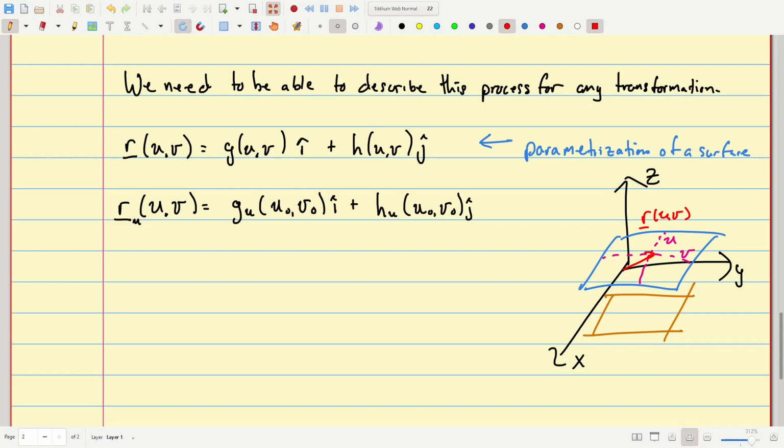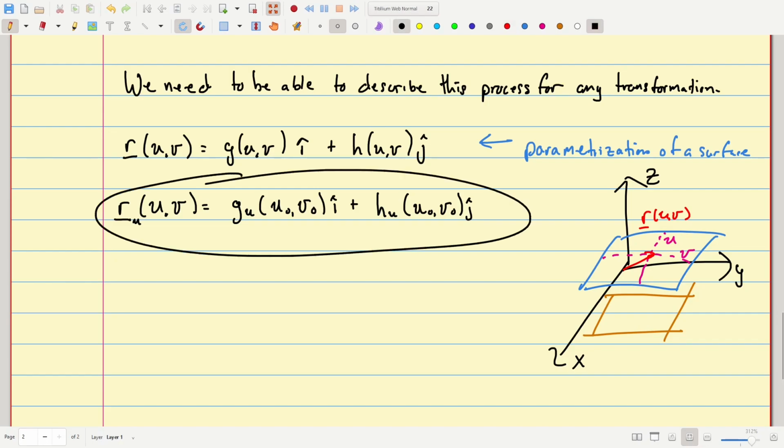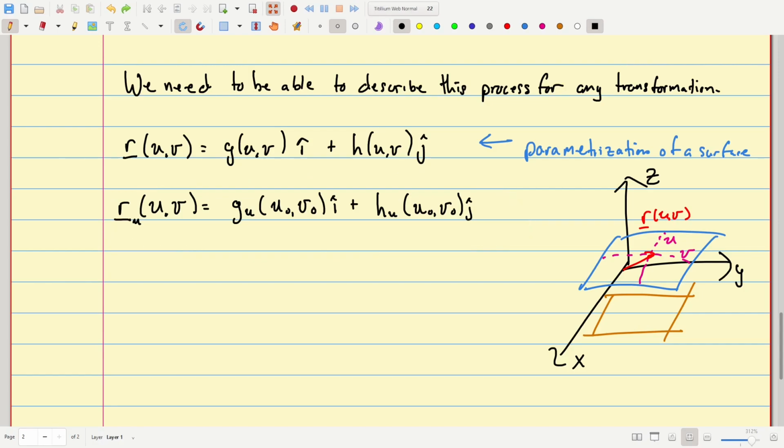So this is what's being described here. I can take the partial derivative with respect to what's going on with the parameterization of the surface to get this. These i's and j's do mean the thing that we're used to thinking about them meaning.